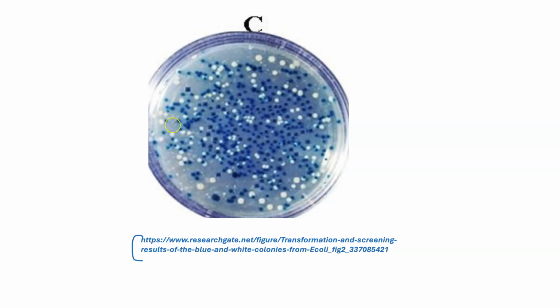And this is just another image of a set of results, and you can see very clearly the blue colonies and the white colonies. The one thing we worry about when we see a lot of white colonies, especially around the edge of the plate, is that sometimes the X-gal isn't spread very evenly. So the colony might have a functional LAC-Z gene, but if it doesn't touch the X-gal, it can't turn anything blue, right?